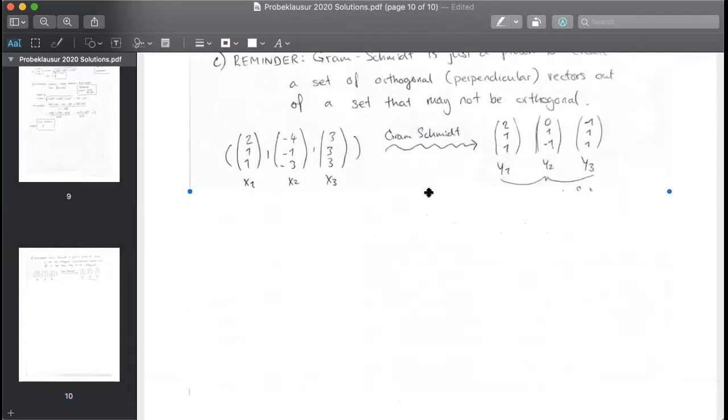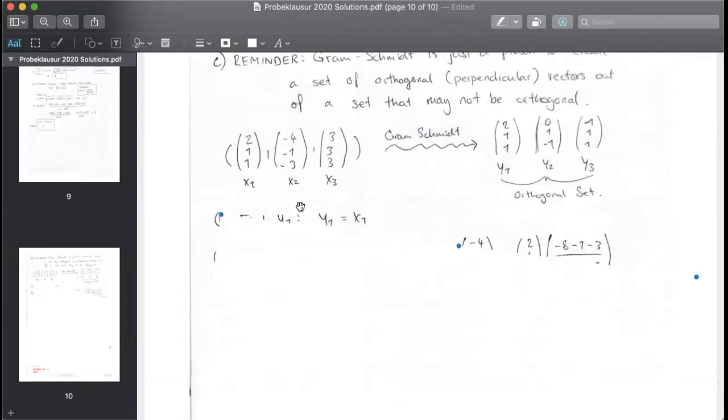First we find y1. y1 is just x1, always. The idea of Gram-Schmidt is we take one of these vectors, it can be any one of them, and set that as our reference, and then we rotate the other vectors so that they are 90 degrees to it. So if we set this one as our base, our reference, then y1 is just x1.